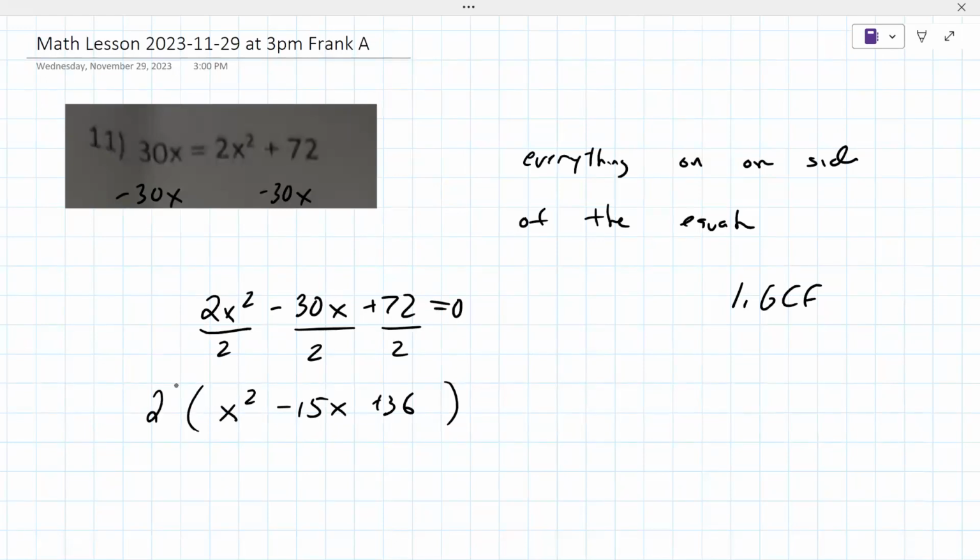And now you're trying to find two numbers that multiply to 36, but add to minus 15. Okay, so this is the challenge. How do you come up with two numbers that multiply to 36, but add to minus 15?